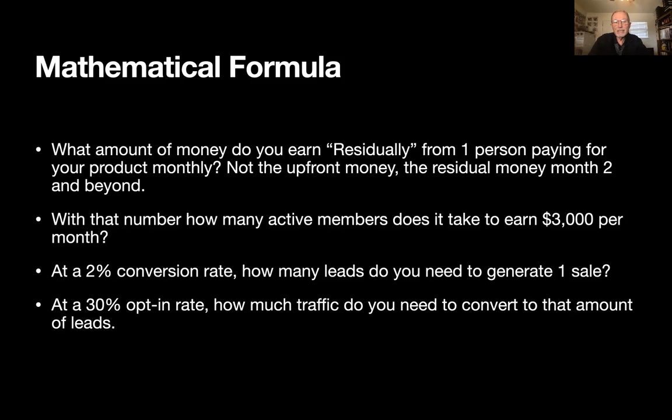At a 2% conversion rate, how many leads do you need to generate one sale? And at a 30% opt-in rate, how much traffic do you need to convert to that amount of leads? Those are factors you need to look at your plan and answer, and that will get you to the $3,000 a month.